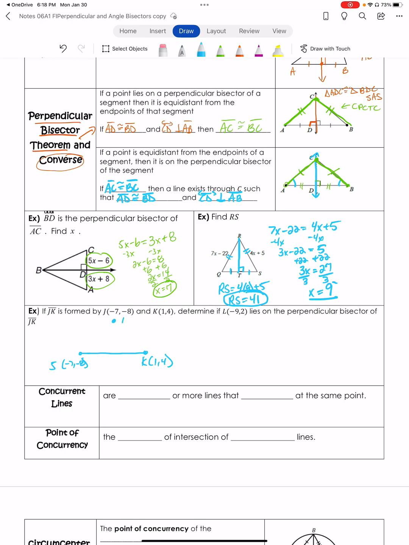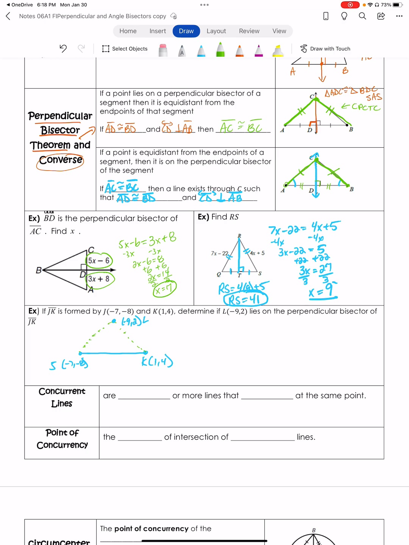So we have L at (-9, 2). Is L on the perpendicular bisector? Well, if it is on the perpendicular bisector, then this distance is going to be the same as this distance. Okay, that's how we guarantee it. If those distances are the same, basically if it makes an isosceles triangle, then I know that it has to be on the perpendicular bisector.